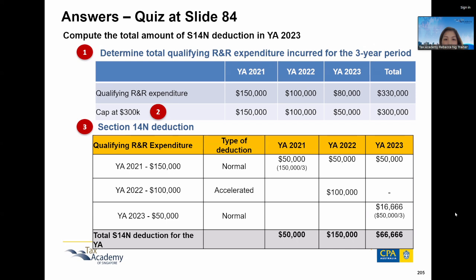So YA 2021 and 2022 are still the same as the previous example. They claim over 3 years, 50,000, 50,000, 50,000, and YA 2022 is 100,000. So for YA 2023 there is a cap of 50,000, so we will have a cap of 50,000 here, divided by 3 years to get 66,000.